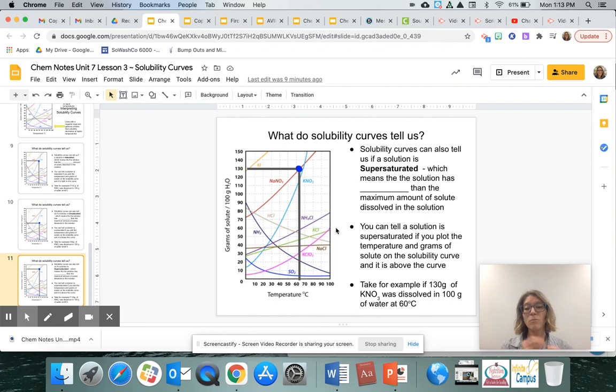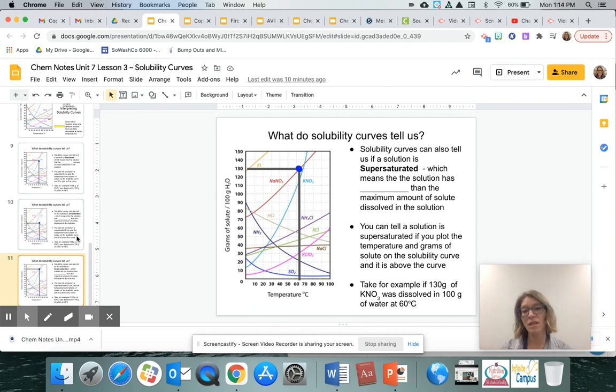All of the solute would have to dissolve in order for it to be supersaturated. So if we dissolved 130 grams of KNO3 at 60 degrees Celsius, our mark would be here. This point is slightly above the KNO3 saturation point. So since we're dissolving more at that given temperature, that would be a supersaturated solution.